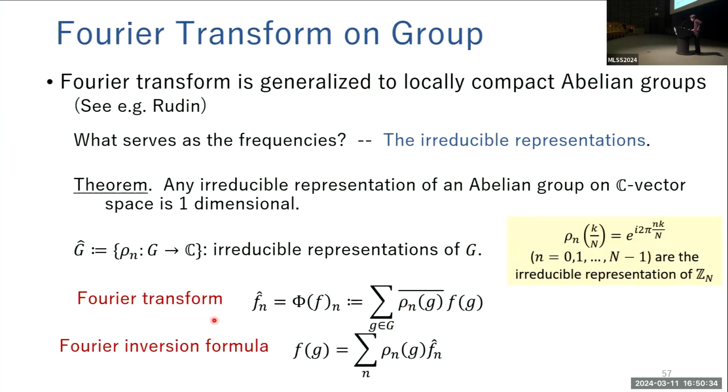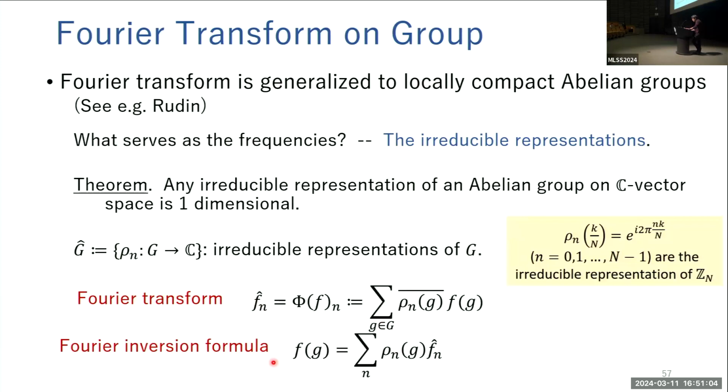Okay, let's use this as a definition of the Fourier transform. We have all the irreducible representations here, indexed by n, and this is a function of g, and it takes a complex conjugate, and it takes the inner product with f. This gives some series of complex values, and this is the Fourier transform for the general case. Quite similar to the standard Fourier transform, right?